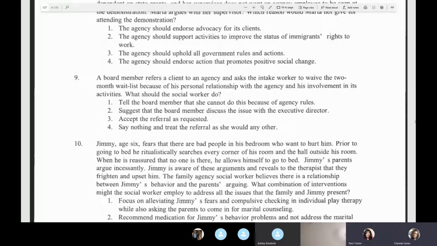What did you say? Repeat again. I would start off with 1 because ethically you shouldn't just go past for relationship purposes. But if they continue to press the issue, then maybe go up to the executive director or your supervisor. Okay. So the answer to that one is 2.